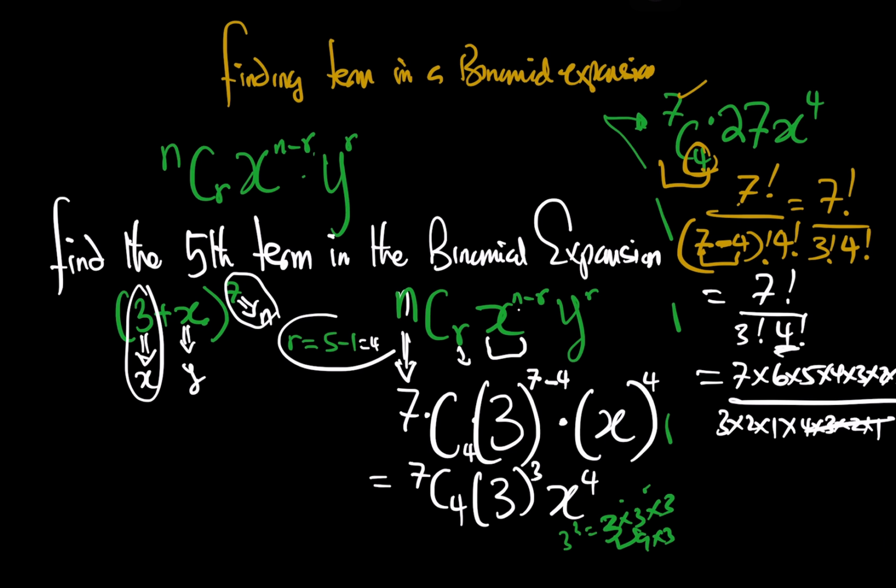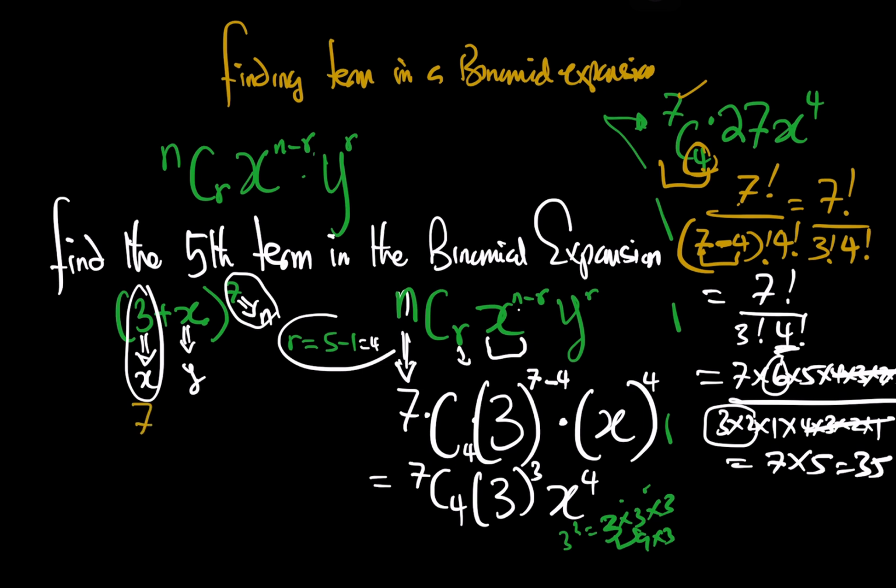Now this 4 times 3 will cancel the top here. This 3 times 2 will cancel this 6, and you're left with 7 times 5, which is 35. So we can say that the fifth term is 35.